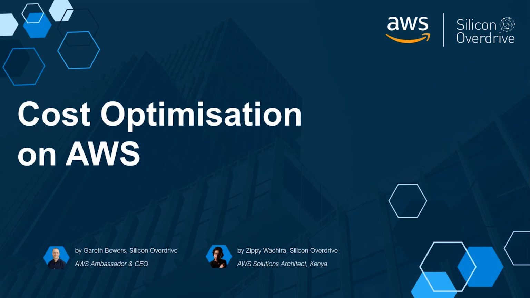As Gareth has mentioned, this will be more like a two-part webinar. Today we're going to cover the basics of cost optimization. Then we'll have a follow-up session where we go into cost optimization from a modernization perspective. So that is what we have in store for today.